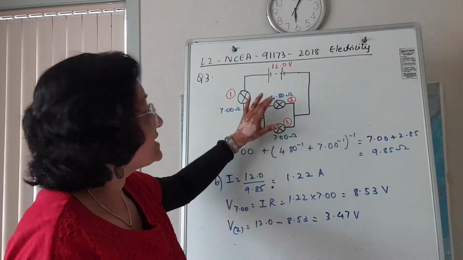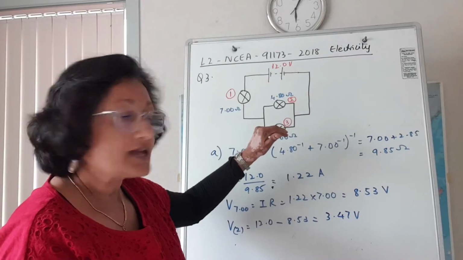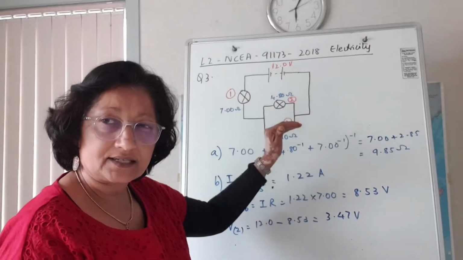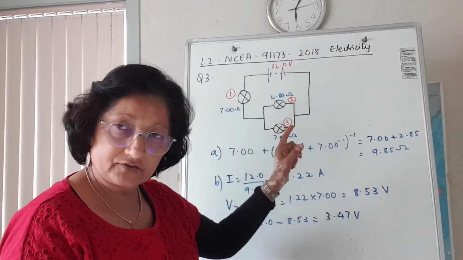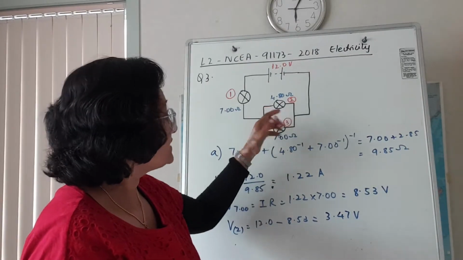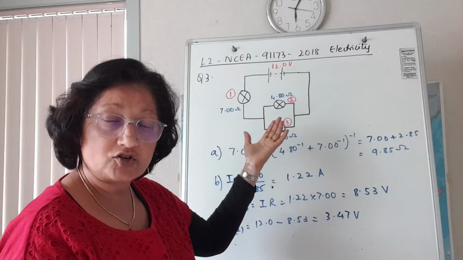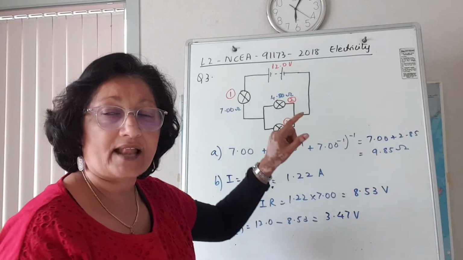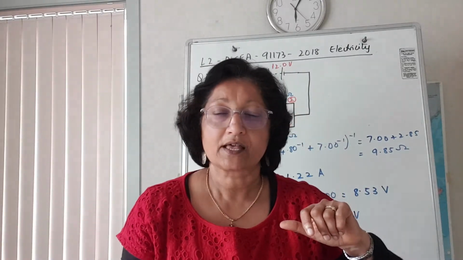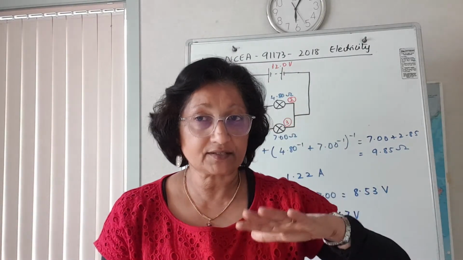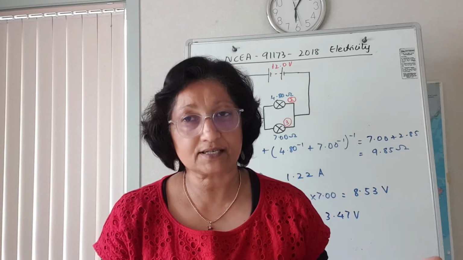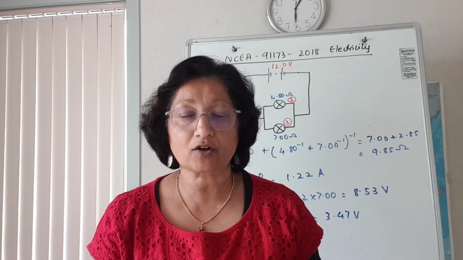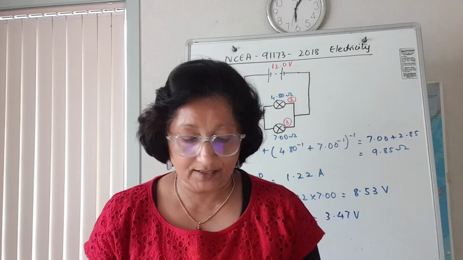However, because they have different resistances, the bulb with the lower resistance will have a greater current through it, and power is current times voltage. So this bulb, which has a lower resistance, will be the brighter bulb, okay? Because they've got the same voltage, but the one with the bigger current will have the bigger power output and therefore be the brighter bulb.